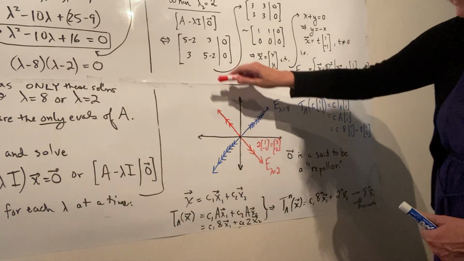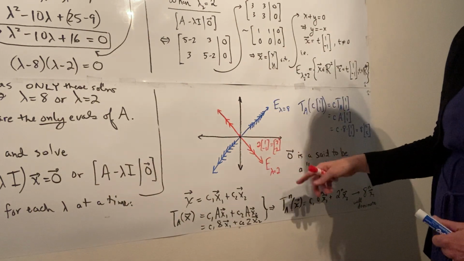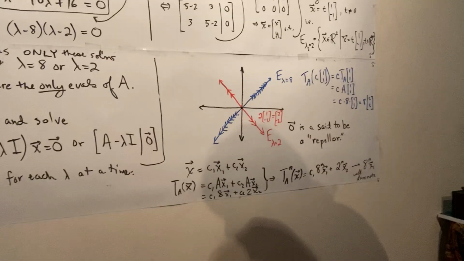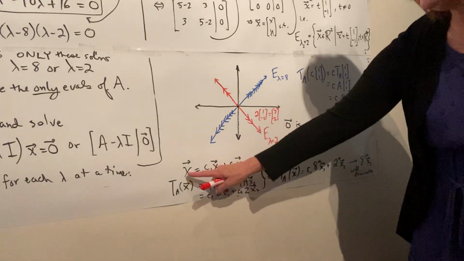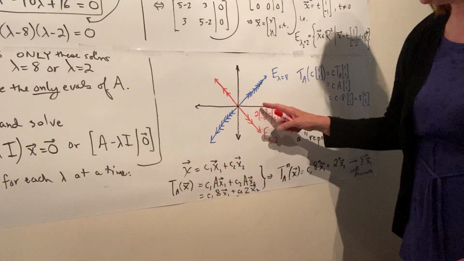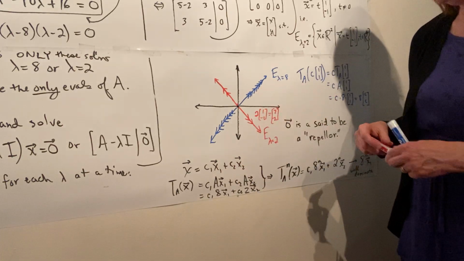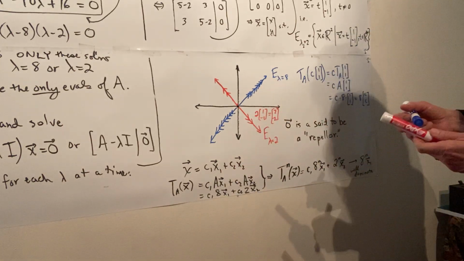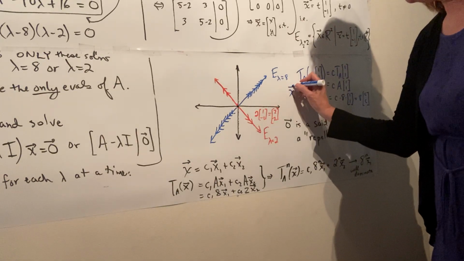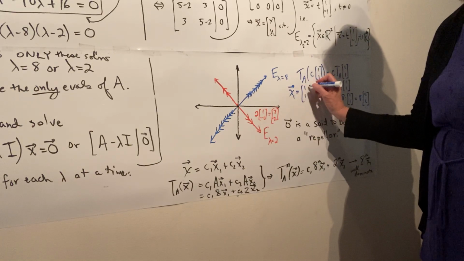So we understand completely what's happening along those two lines, but I also want you to get used to this idea that we actually can tell what's happening with any vector x. Any vector x could be written as a linear combination of these two. Here I could take x1, an eigenvector for lambda equal to 8, I could call that (1, 1).